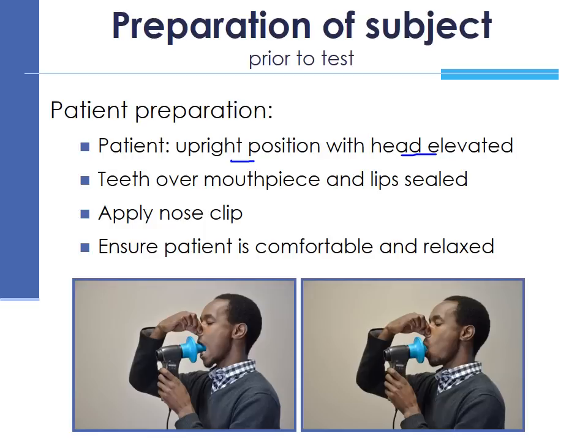It's also important to tell them that when placing the mouthpiece into their mouth, they have to put their teeth over the mouthpiece first and then seal with their lips. It's also important to apply a nose clip to prevent air from escaping through the nose. And you should ensure that the patient is in a comfortable and relaxed position.